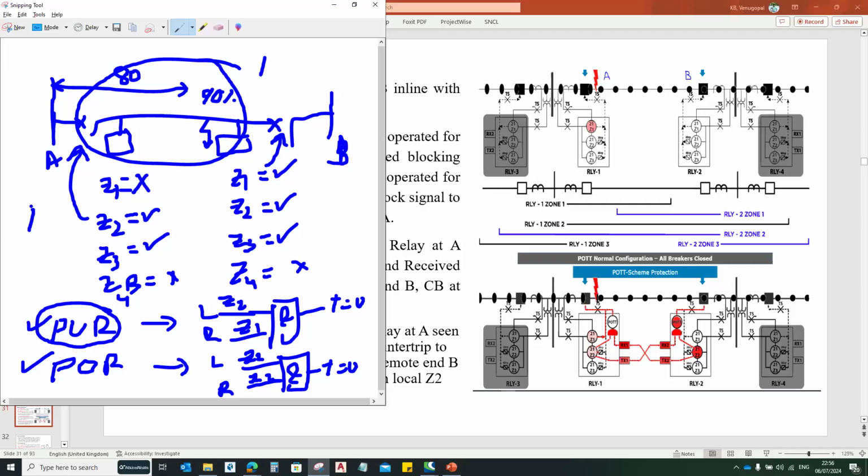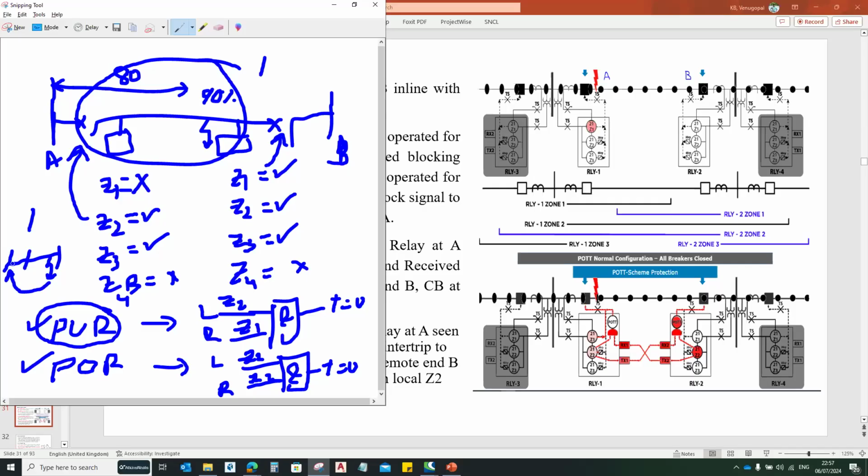Okay, and block distance schemes they will use mostly whenever they have a short distance line, from 2 to 10 kilometers. What happens is that most of the time the zone 1 reach, like the zone 2 reach, will go beyond substation B. Just I'll take this: this is substation A, and substation B. This is your substation C. For example, as this is a very short distance line, a fault at the remote end substation may create unnecessary tripping of the circuit breaker.